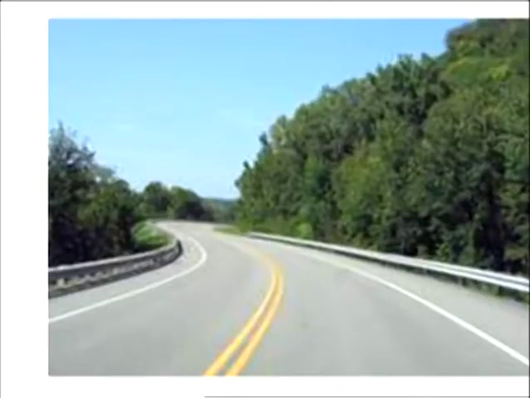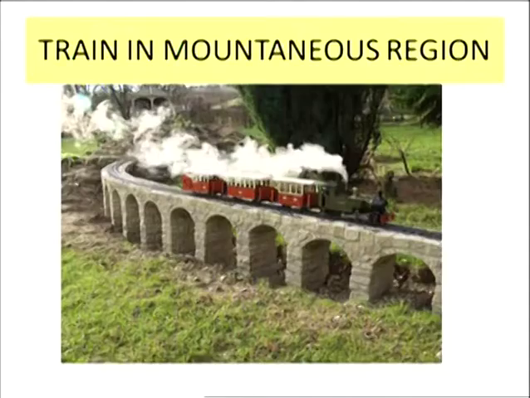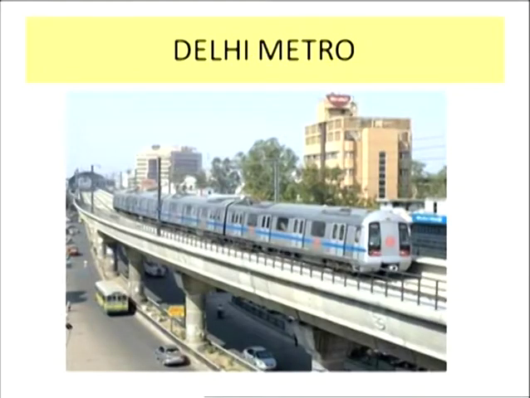This is a picture of a highway. This is a picture of a narrow gauge train in a mountainous region. This is a picture of the Delhi metro. It is also a means of transportation in an urban area.